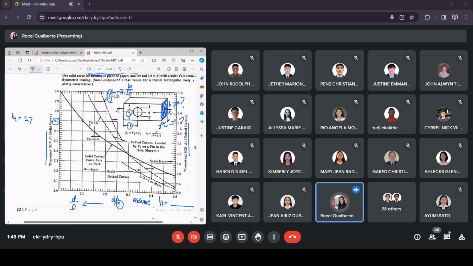So B over D. That would be used for our value of KT. You need to modify it first and then go to the corresponding curve to be used to obtain the value of KT. Any question?